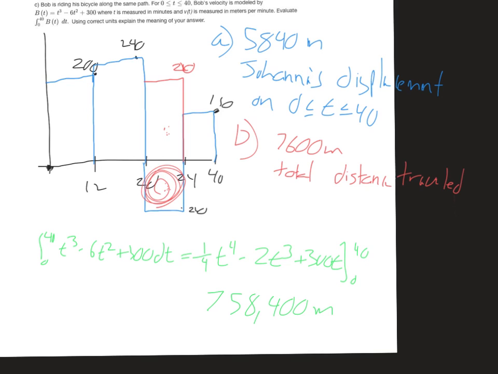Again, this would be meters, because we started with velocity and we turned that into the position function, which would just be measured in meters. And because there's no absolute value, it must represent the same thing as Joanna's did, which is just Bob's displacement on the interval from 0 to 40.